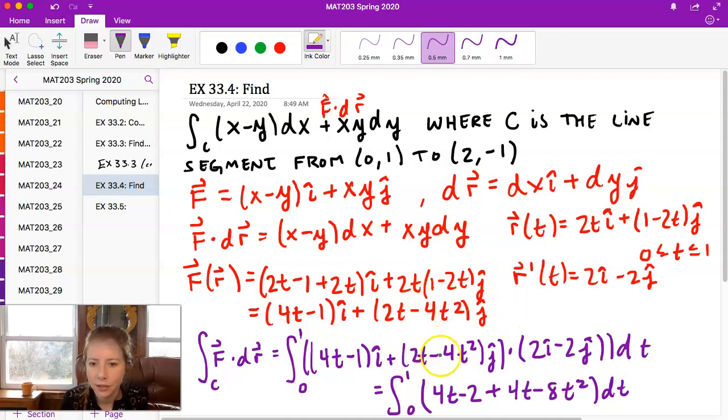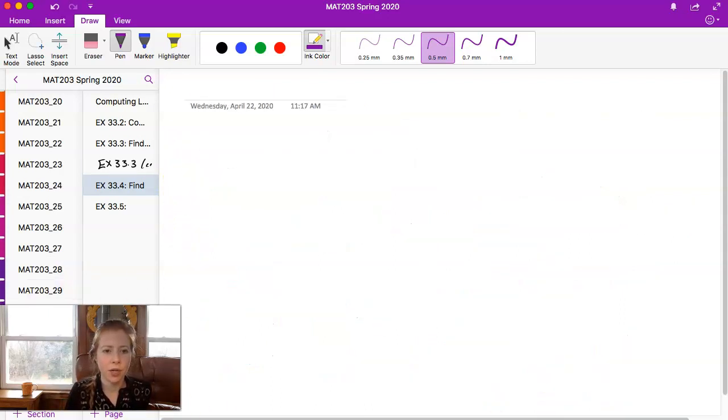Oh, 8t, just kidding. 8t minus 2 plus 4t minus 8t squared. Now I'm going to keep going on a new sheet.